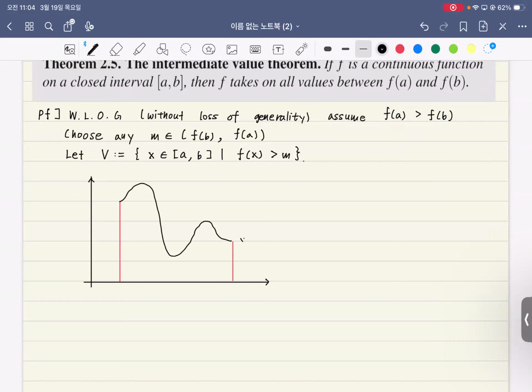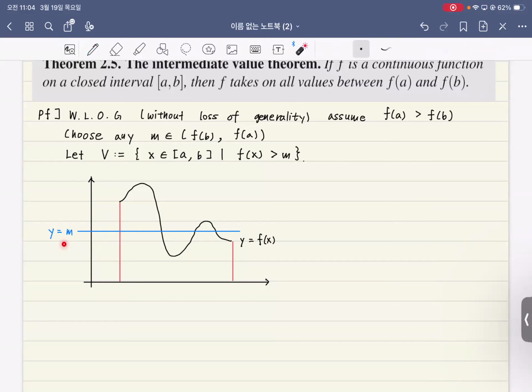Say that this is the graph of y = f(x), and this is y = m.